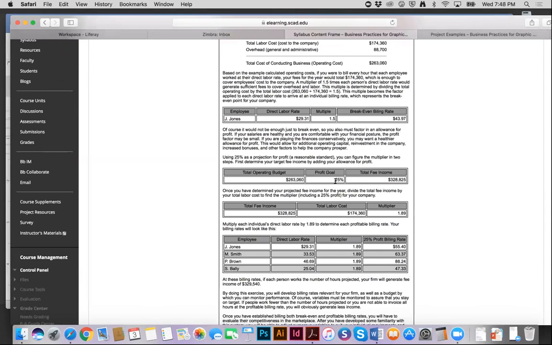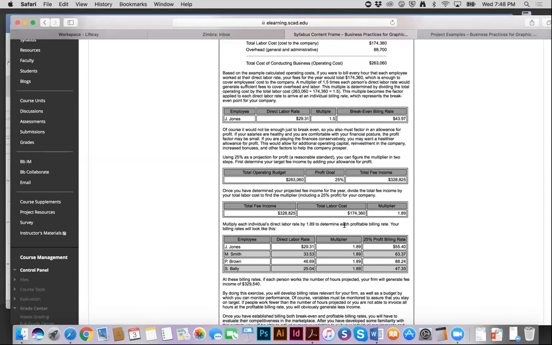His 25% covered not only his overhead, but a profit. But that could not have given him a profit of 25%. I think it was like a profit of around 15% total, if that makes sense.